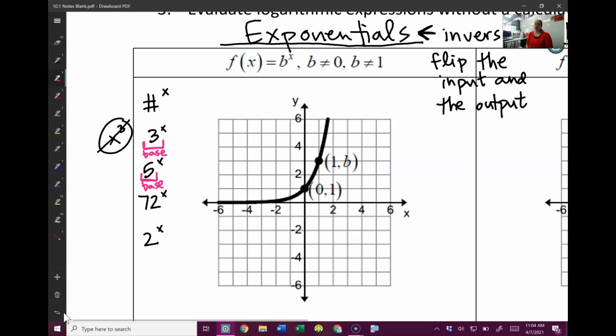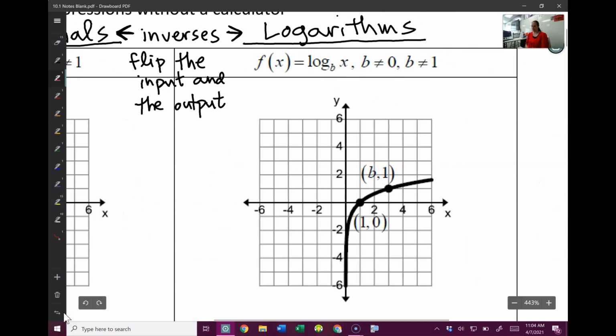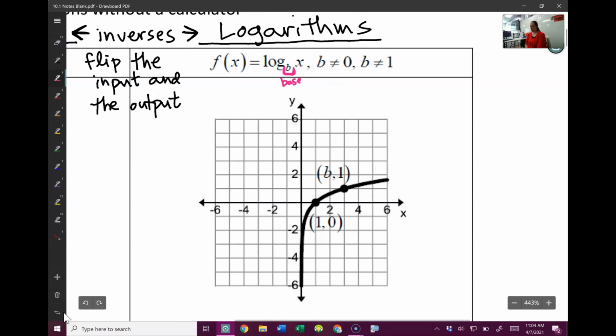And logarithms also have bases. So if I come over here to the log, their base is written like a small number next to them. So for example, log base 3 of 2. Let's do 9 actually. Change my mind.